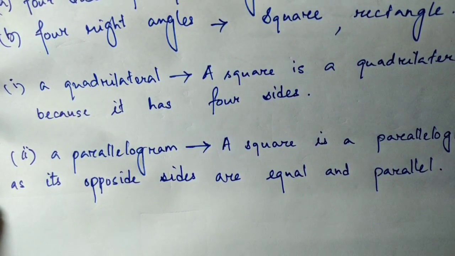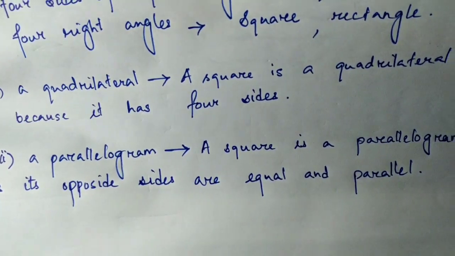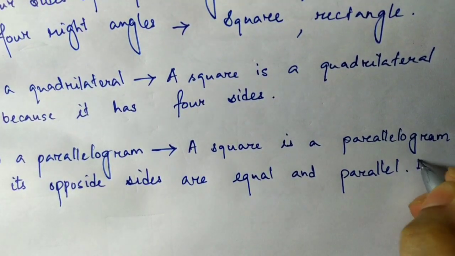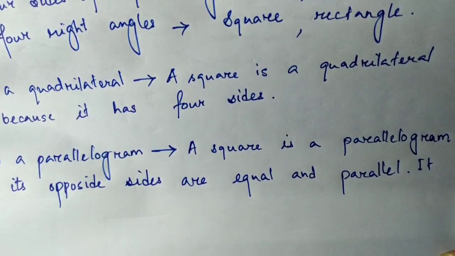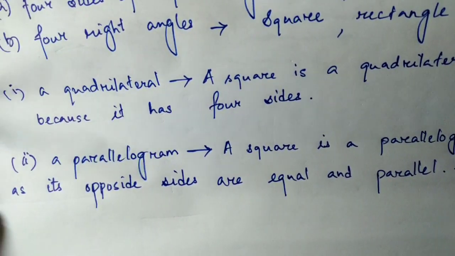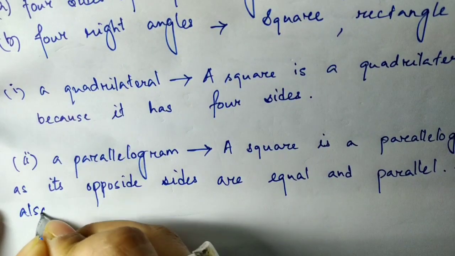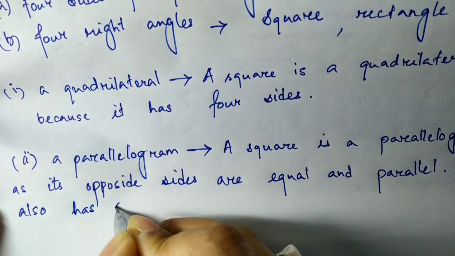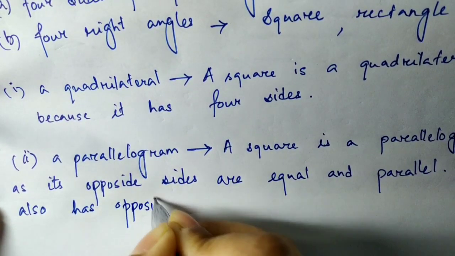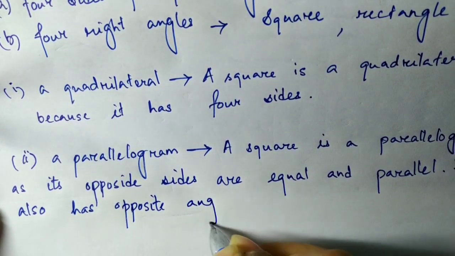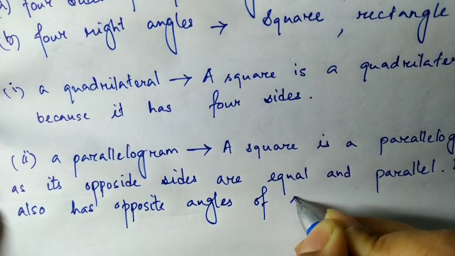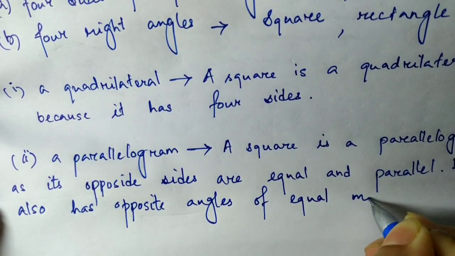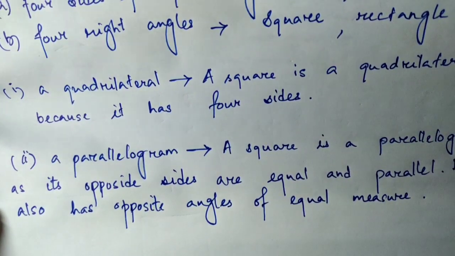The same thing, so I can write this condition. It also has opposite angles of equal measure. All the angles are of equal measure, so obviously opposite angles will also be the same.